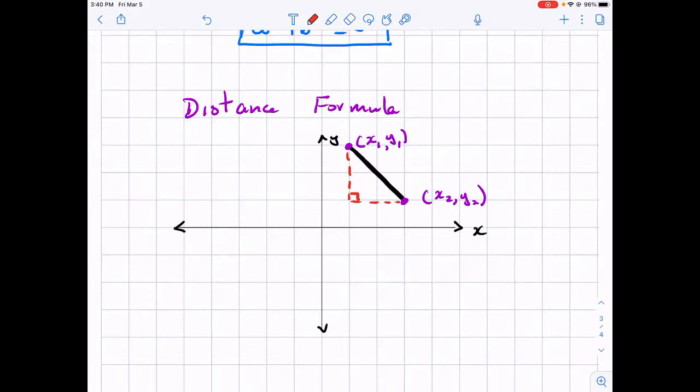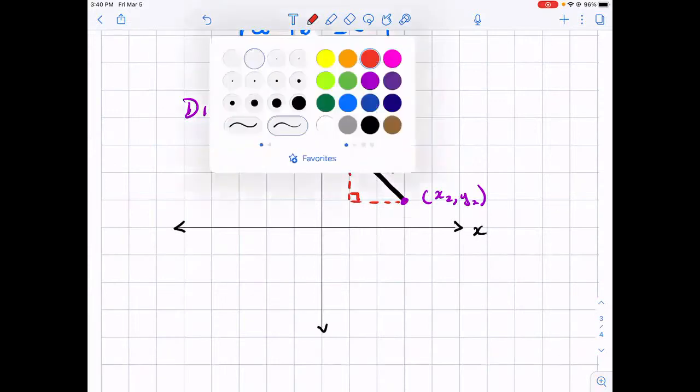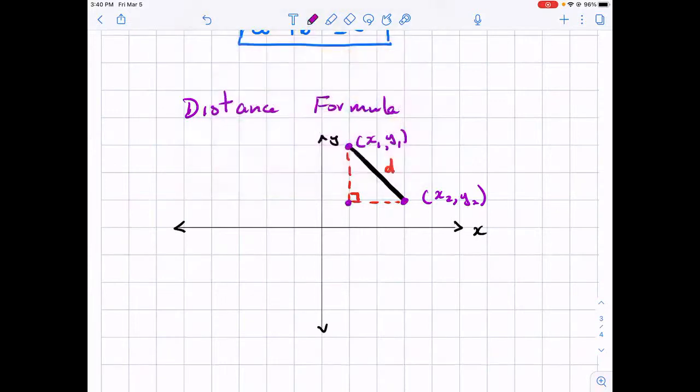And what we can do is find the distance D. So if you notice, this point here is the point x1, because here is x1, and here is x2, and here is y2, and here is y1.